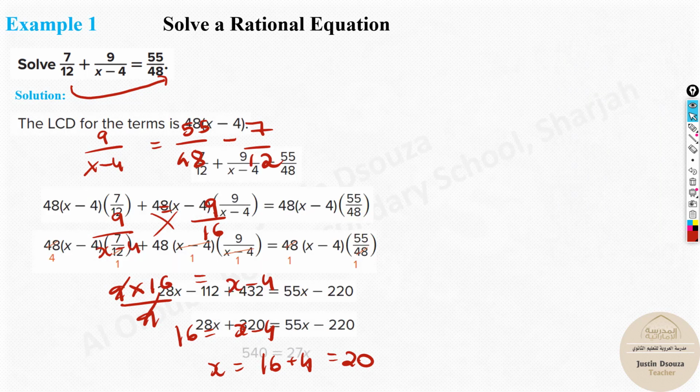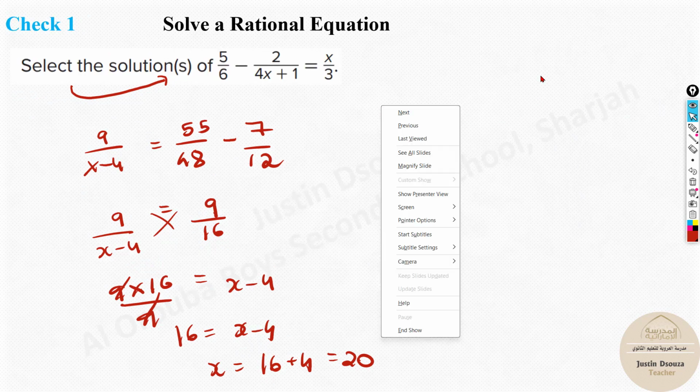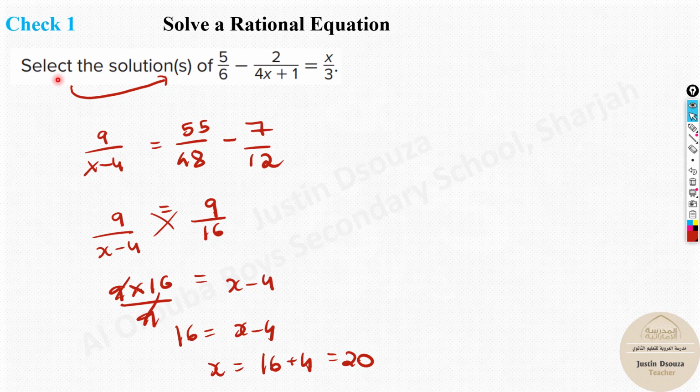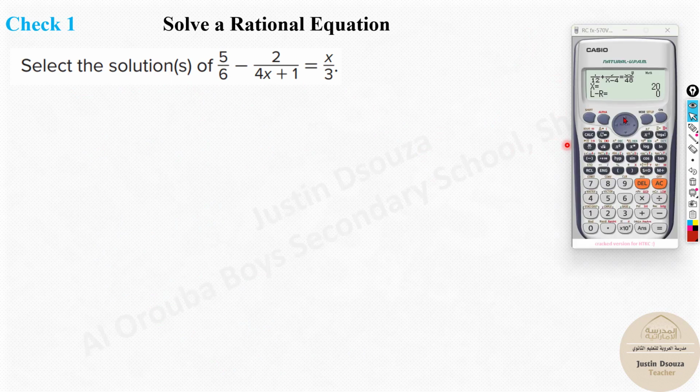Now let's go to the next problem here. So here we have: select the solutions of 5 by 6 minus 2 by 4x plus 1 equals x by 3. Now in some cases, let me just show using the calculator. Let me solve this by calculator, but you won't get the correct answer.